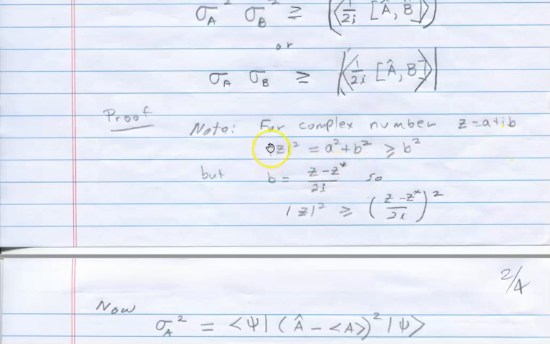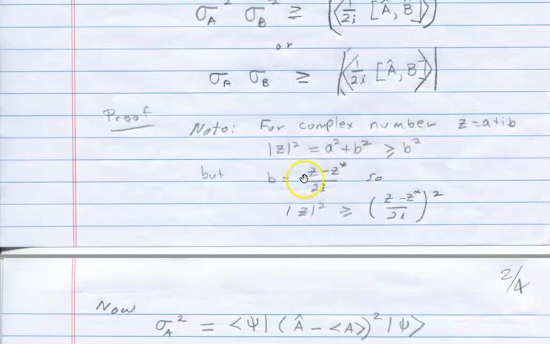Pretty clearly, the magnitude of z squared is just a squared plus b squared. And that number has to be greater than, if I just drop off the a here, these are both positive terms, and so whatever z is, it's got to be greater than or equal to either one of those parts, and the b part, or the imaginary part squared.